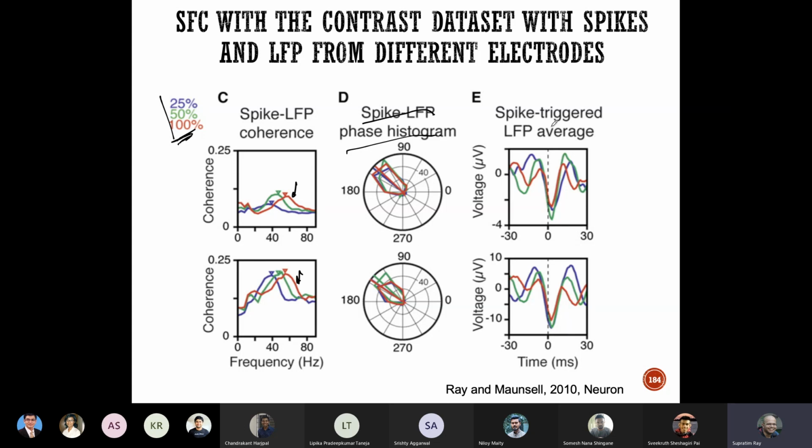And in fact, if you look at the STLFPs, you see that they tend to occur just 1 or 2 milliseconds before the trough of the gamma wave. You can see the gamma wave here. Spikes are occurring close to the trough of the gamma wave, which is represented as a histogram which is slightly shifted from 180 degrees. And this histogram is for this particular frequency at the peak of it.